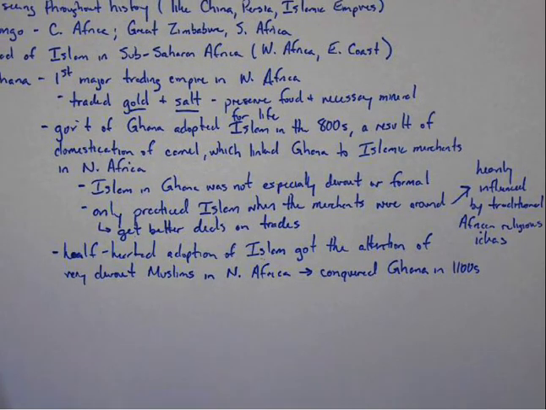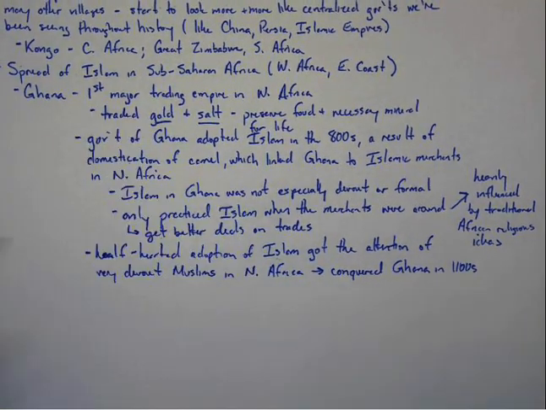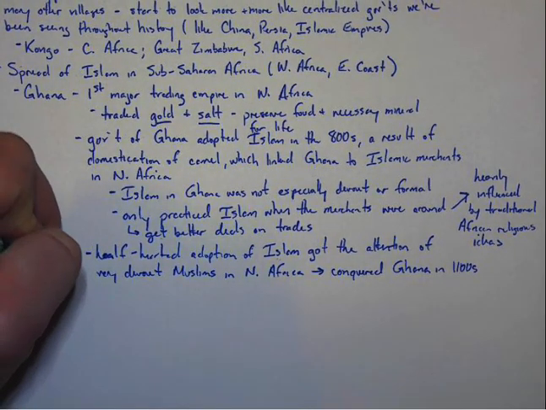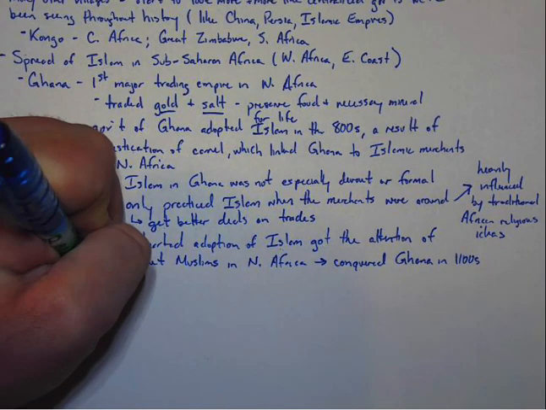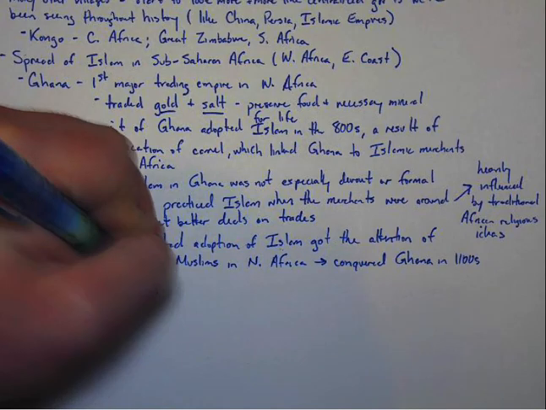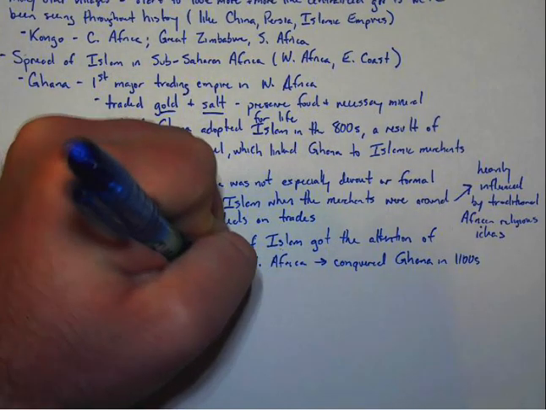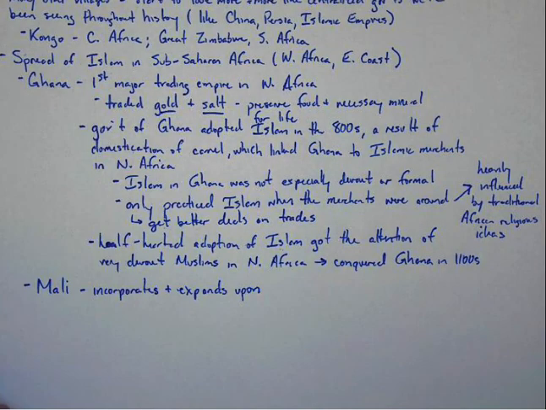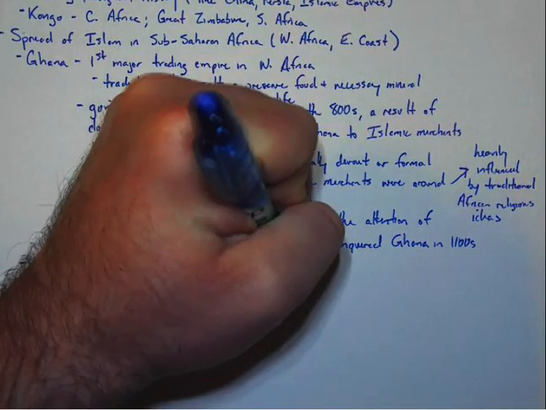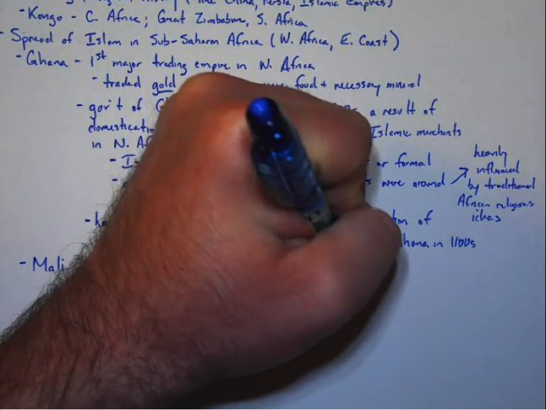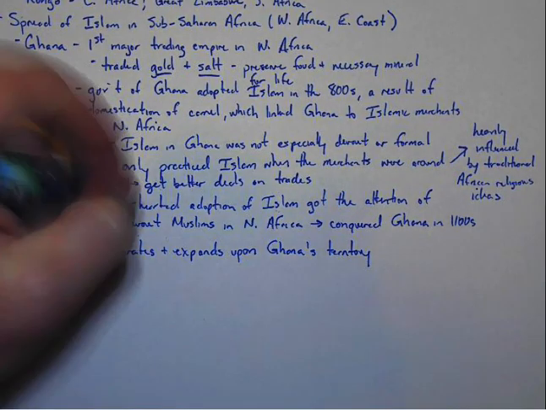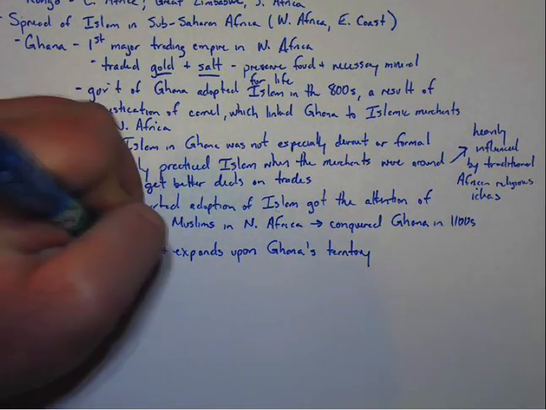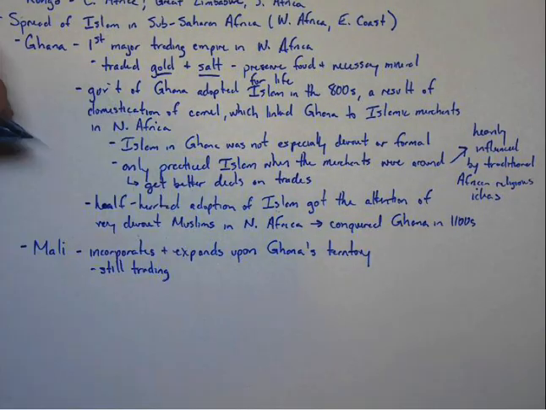The next important trade empire in West Africa is the Empire of Mali. So Mali kind of incorporates and expands upon Ghana's territory. They're still trading gold and salt because that's still really sought after.